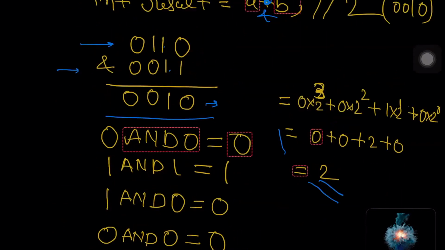While performing it, you check the respective binary bits. If they are 1 and 1, then 1; if 0 and 1, then 0, in the case of bitwise AND. Clear?